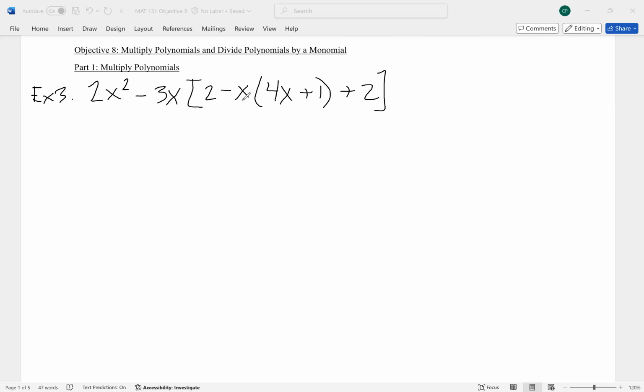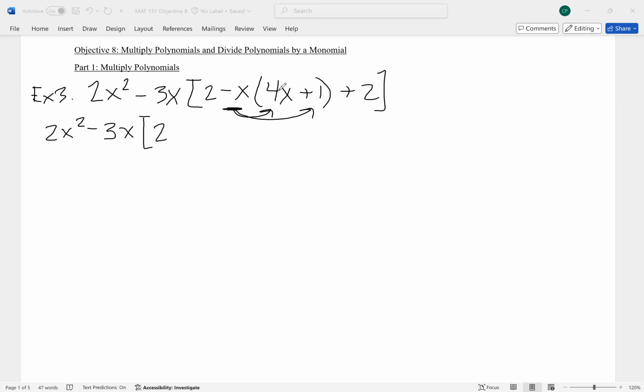So when we have parentheses and brackets, we need to work inside of the brackets. We want to work it from the inside out. So this negative x, we need to multiply that through first, okay? So everything else, we're just gonna bring down up until that negative x, okay?